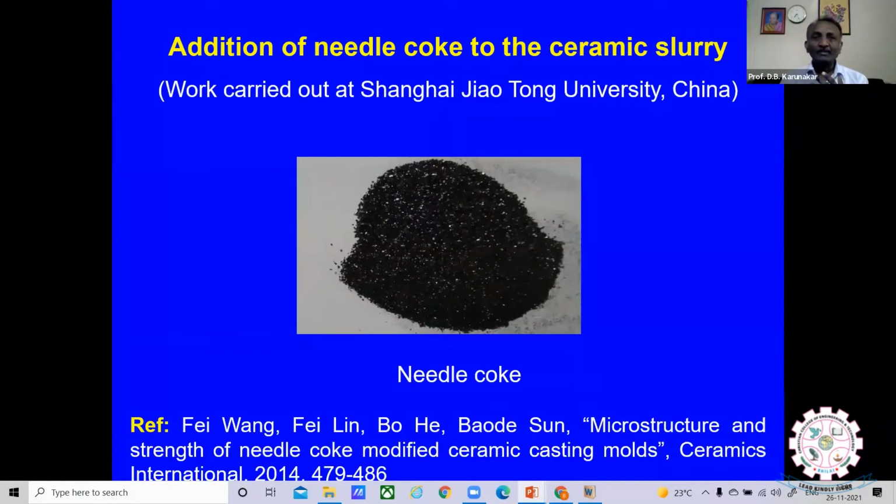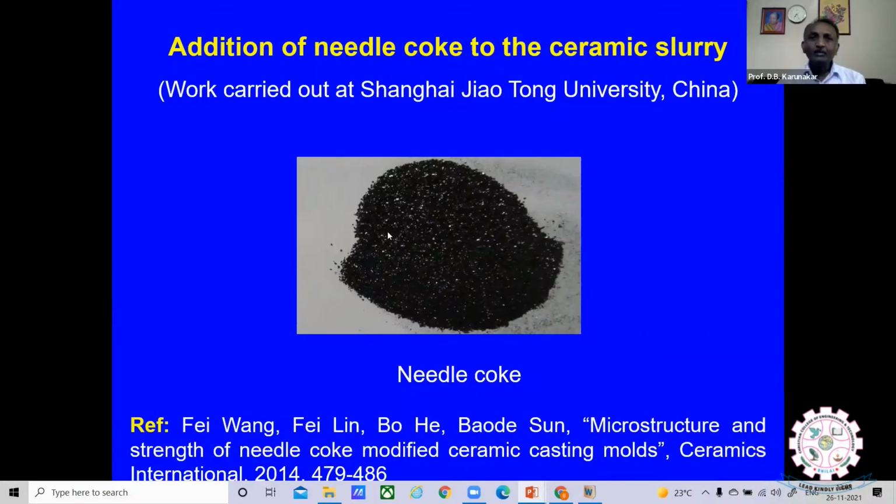With this needle coke present in the ceramic slurry, they were dipping the pattern initially in the primary slurry, then in the secondary slurry, and they made the ceramic shell. And yes, they drained out the wax and fired this shell to induce additional strength. During firing, what happened?